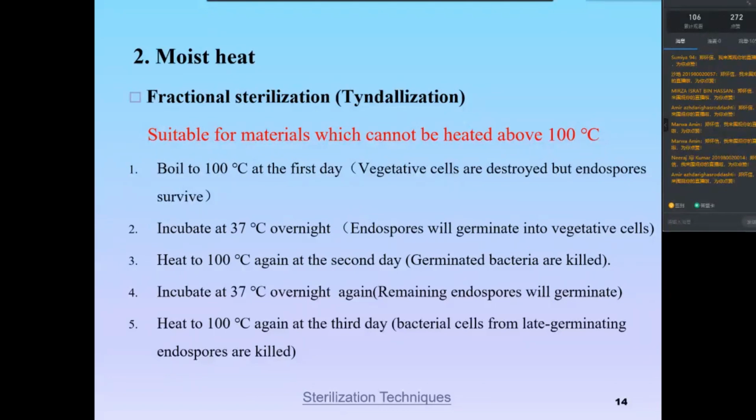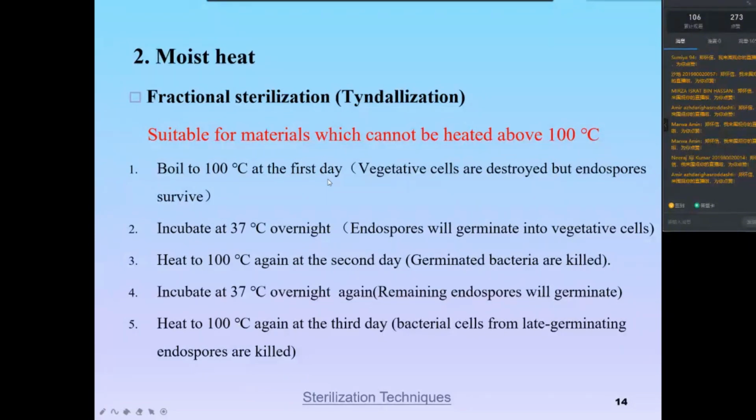The general procedure is that if you have some liquid, some solution, and the chemicals or molecules in the solution cannot stand the temperature of an autoclave, so the temperature cannot be heated over 100 degrees, what you can do is boil your stuff on the first day.